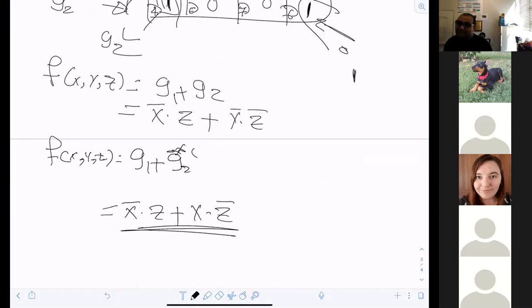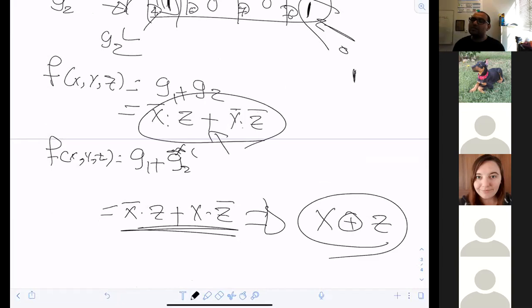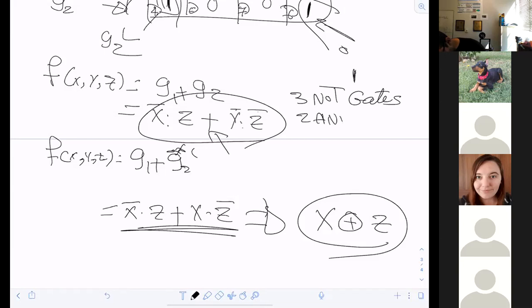But wait for a second. This solution is more fun. Why? Because this can be taken into X or Z. So I shrink the number of gates to 1 gate. But here, how many gates am I still going to use? 1 OR gate, 2 AND gates, and 3 NOT gates.